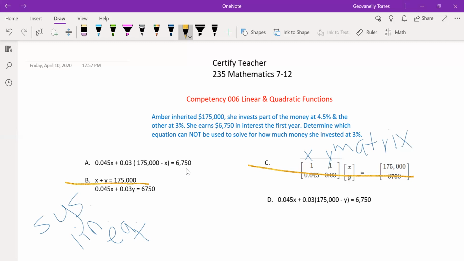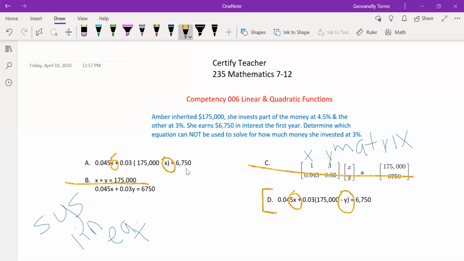And if we look at answer choice D, here we see that it is very similar to answer choice A, but in answer choice A, we have two x's, and in answer choice D, we have an x and a y. Now, how do we know which one of these is the one equation that cannot be used to find how much money she invested at 3%?